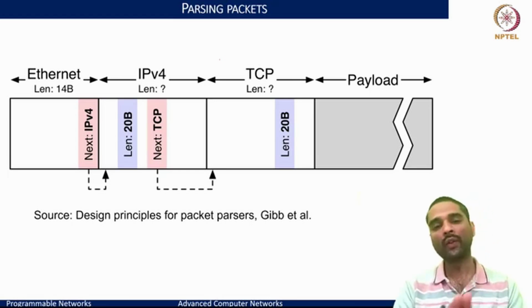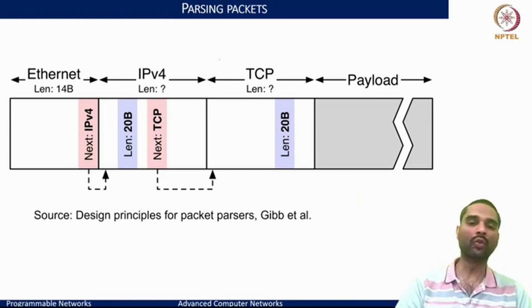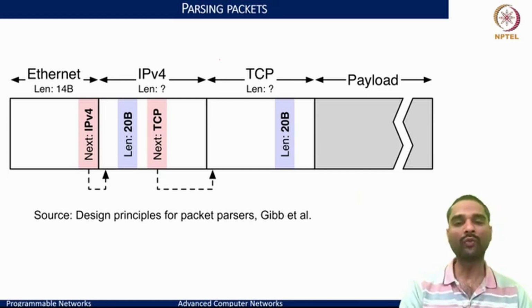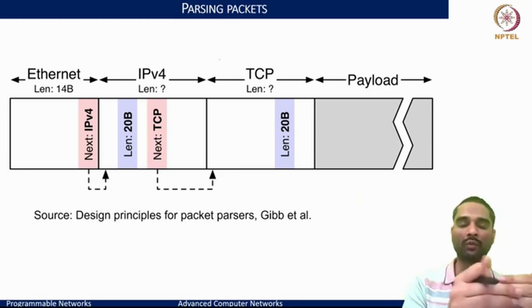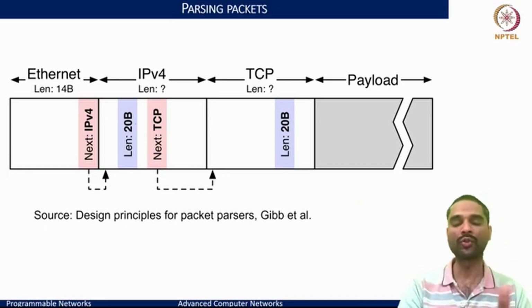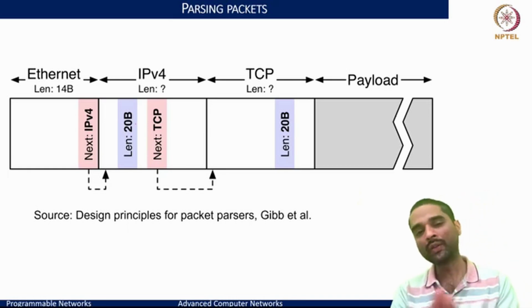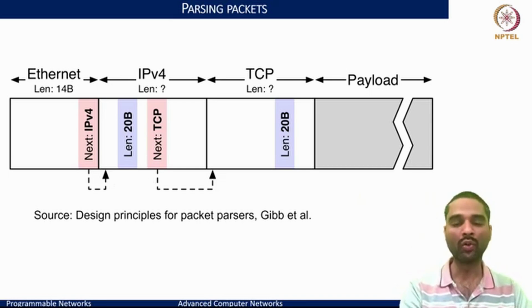And likewise, your parse graph would then say switch from Ethernet to IPv4. When you look into the IPv4, you look at a fixed 20 byte length or look at the field with the length and say, okay, in the IPv4 header, the length field corresponds to 20 bytes. Then you would push further by 20 bytes to check what is the next header.